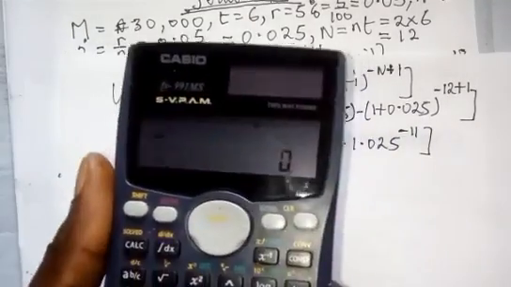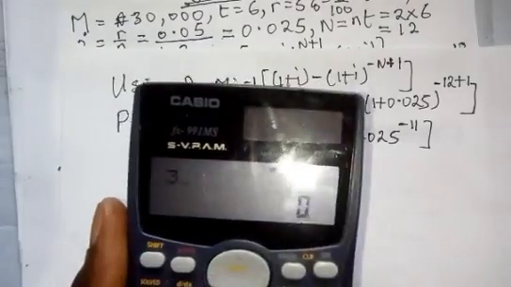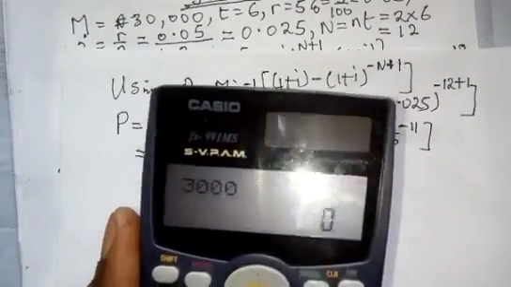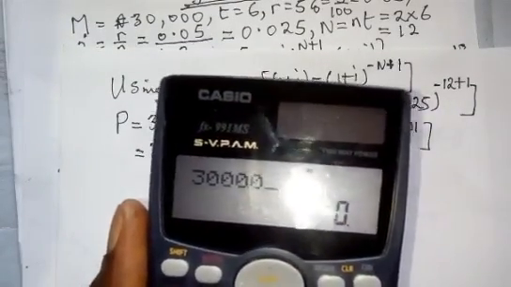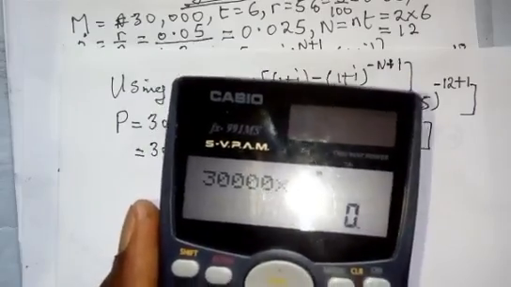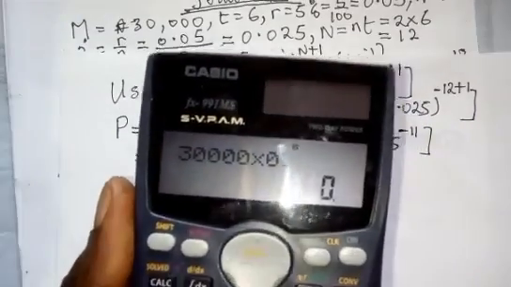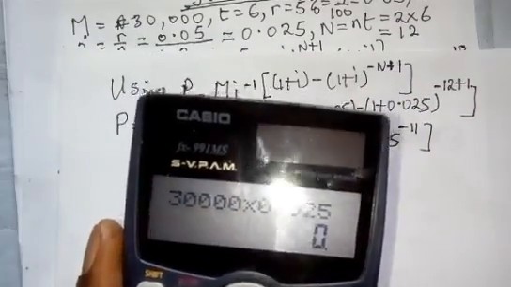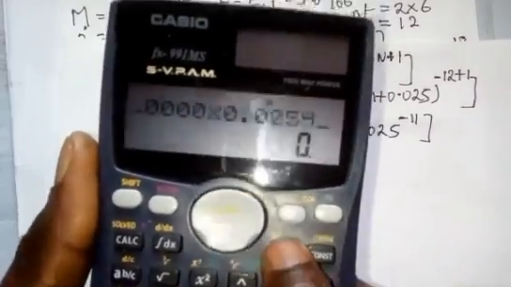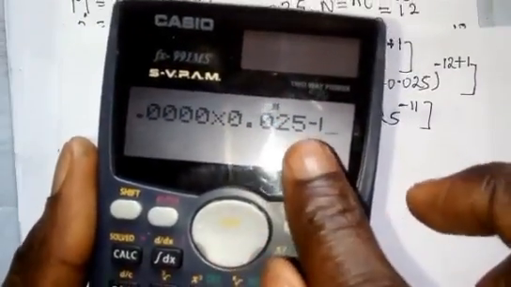So 30,000 multiplied by 0.025, then power minus 1, you press that, and then you're going to have this.